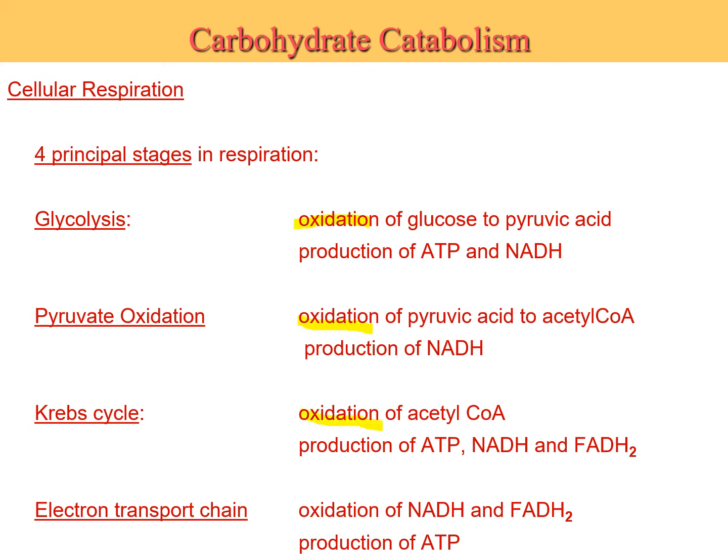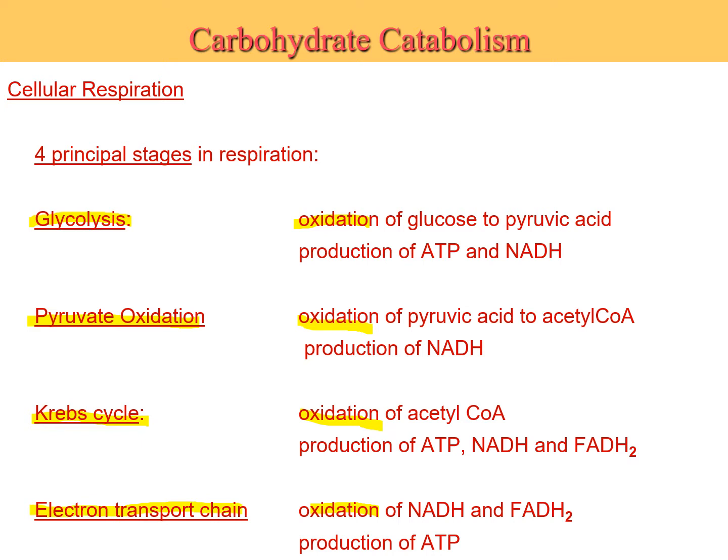In each step, you have production of some sort of product, which then goes on to be oxidized further in the next stages. So there are 4 principal stages in cellular respiration. They are glycolysis, pyruvate oxidation, Krebs cycle, and the electron transport chain.